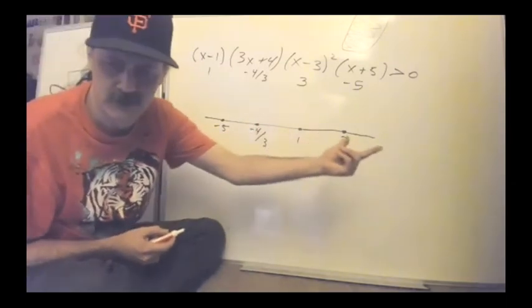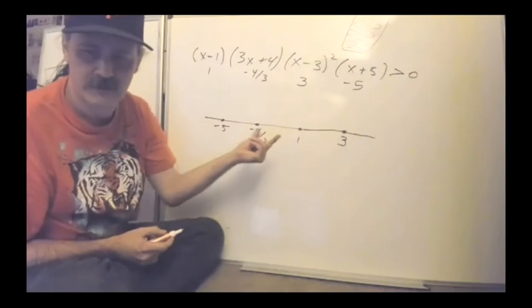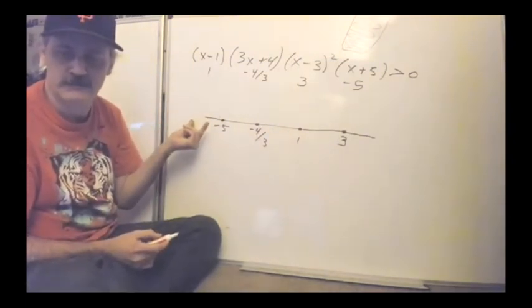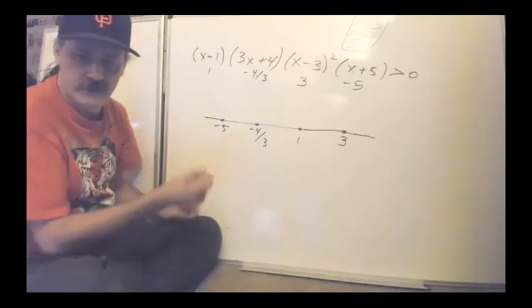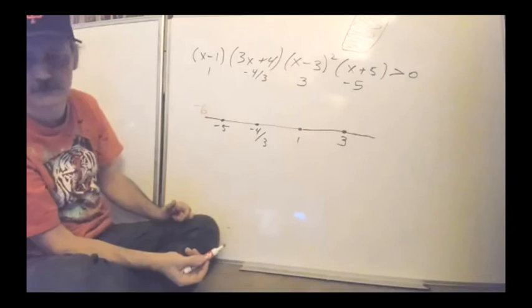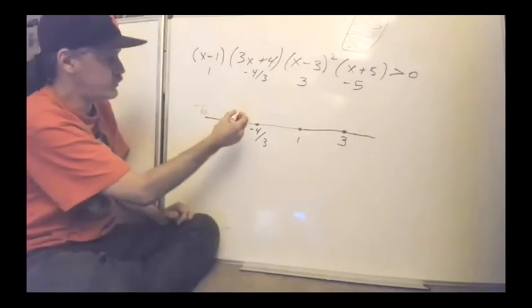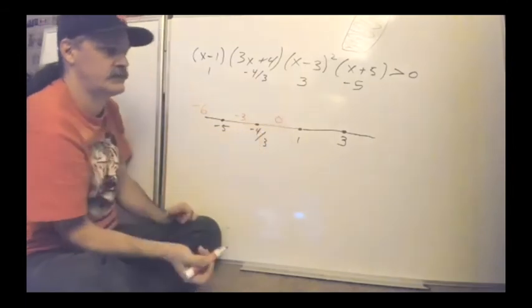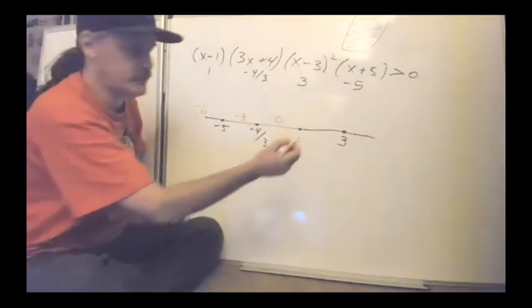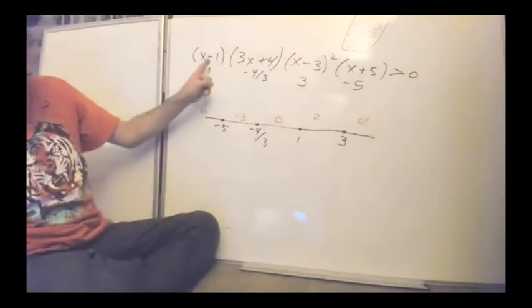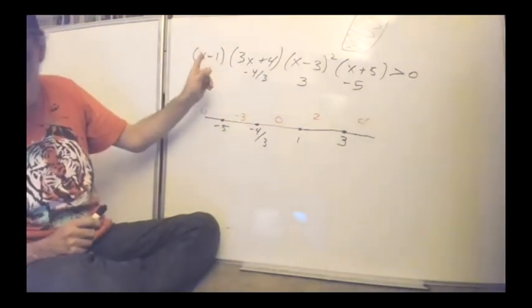Okay, so we want to use a number in each interval to see what happens. Is it positive or negative? And that's the idea. It doesn't really matter which number you pick, so just pick something nice that works for you. So I'm going to use -6 here. And if you can use a 0 or a 1, that tends to be the best choice. All right, so those are my test points. I'm going to put them in here and see what we get.